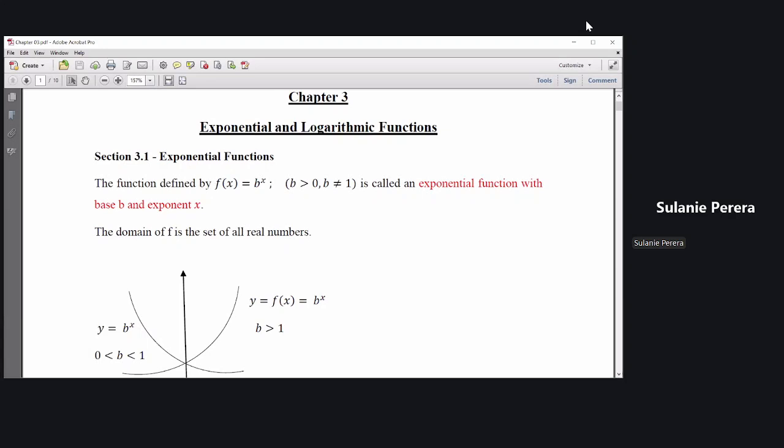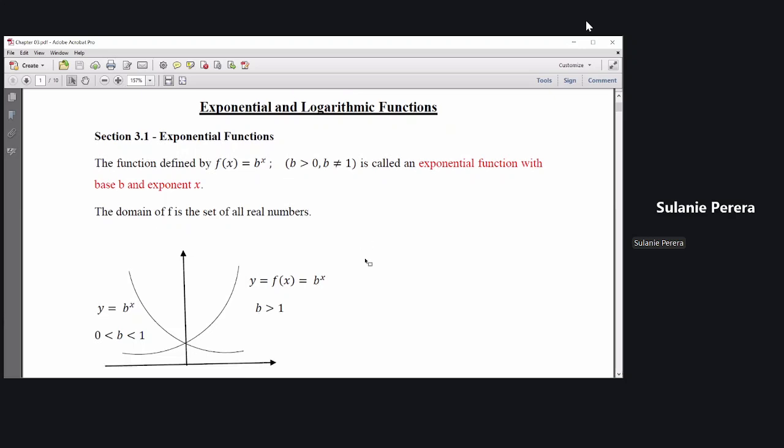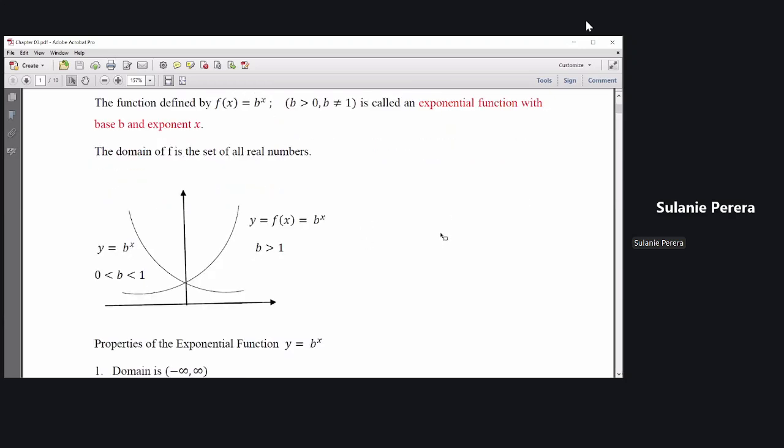So that's an exponential function. Over here we say it has base b and exponent x. If the base b is positive, we draw this. If b is greater than 1, this is the shape of the curve.